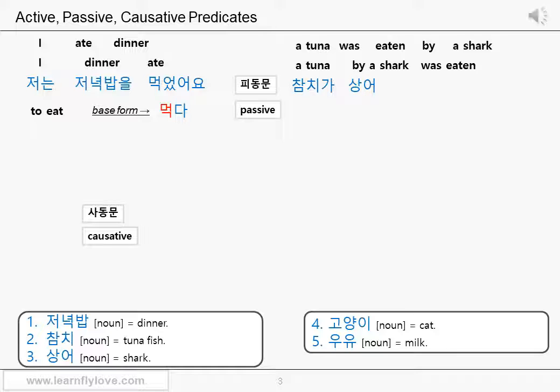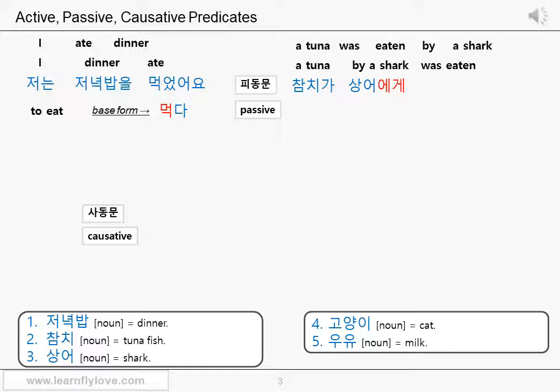By a shark. Shark is 상어 in Korean. You need to add a particle here. What particle do you want to add here? Don't worry if you don't know. We'll tell you. You add a particle 에게 because it can also indicate someone or something that takes the action in the passive sentence. When did you use this particle 에게 before? Yes, for the indirect object, or when you want to mean you do something to someone, right?